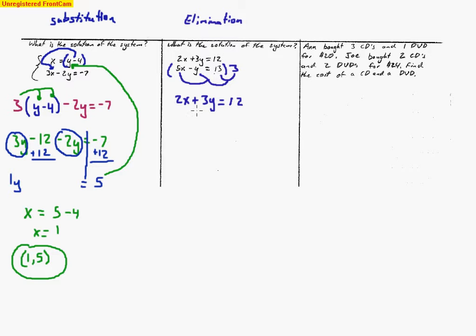But the next equation is going to become 5x minus 3y, because it's already a minus sign. And oops, I made a mistake. Not 5x, 15x. I did what most kids would end up making the mistake of, not changing that first number or the last. So 3 times 5 is 15x minus 3y equals 39.